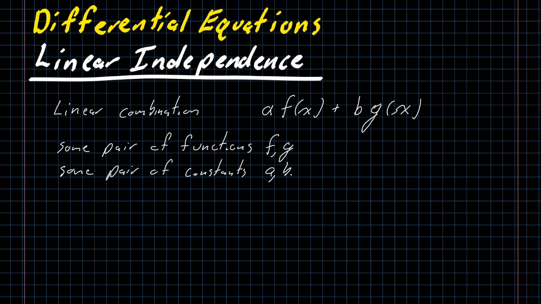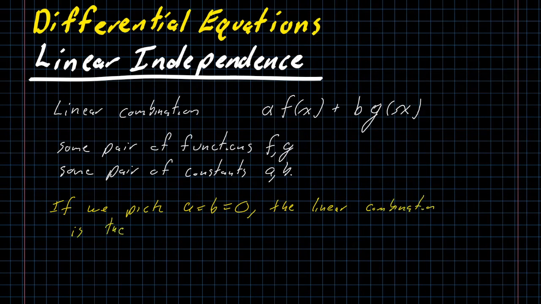The idea of linear independence is observing that if we pick a equal to b equal to 0, so both constants a and b as 0, then we get the null function. f of x is equal to 0.